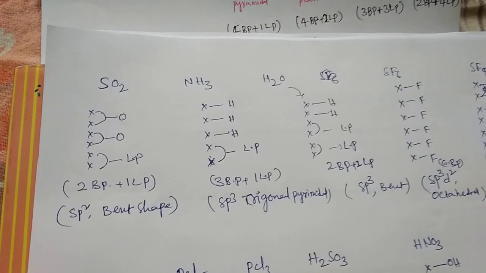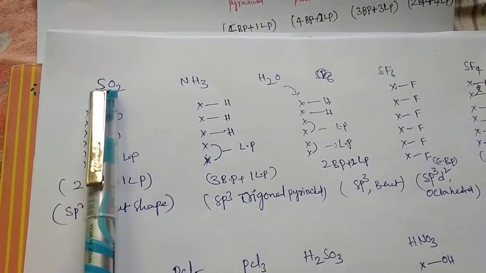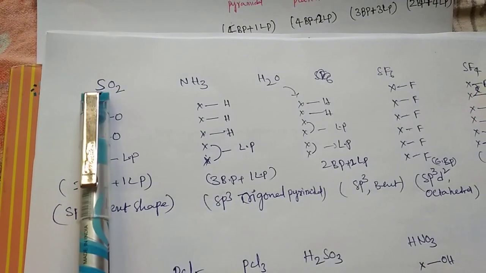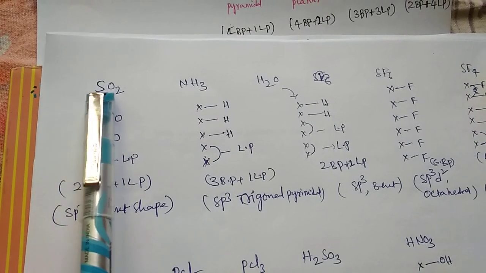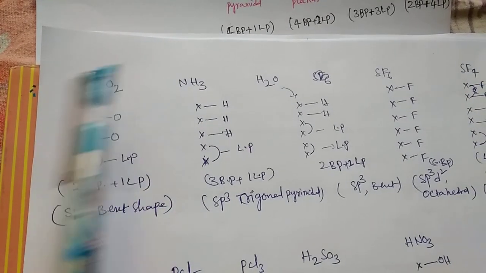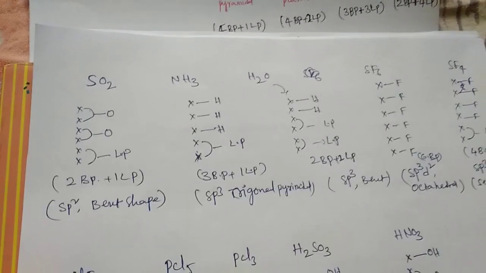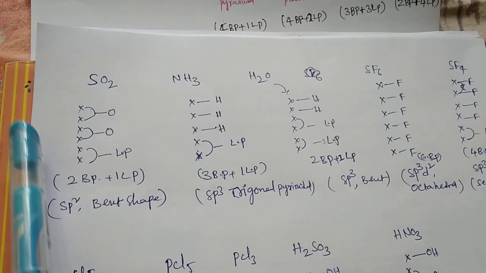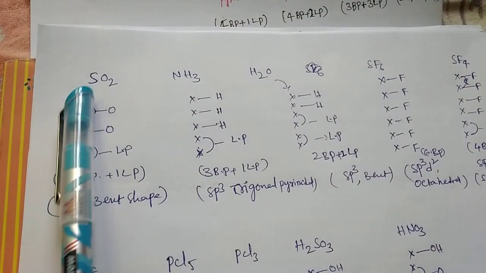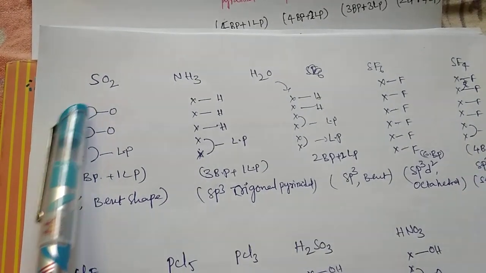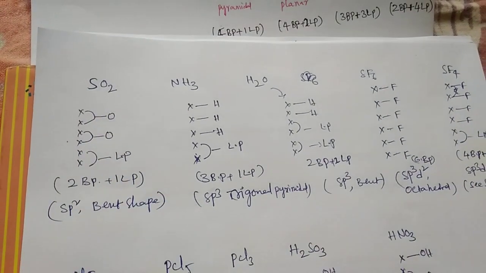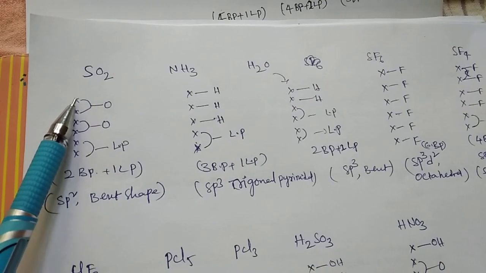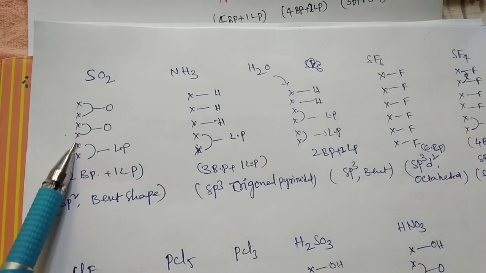The central atom is sulfur. Sulfur belongs to which group? Sixth group element. That's the reason I showed all the group atoms. If you can identify sulfur as a sixth group element, just take 6 electrons like this: 1, 2, 3, 4, 5, 6.